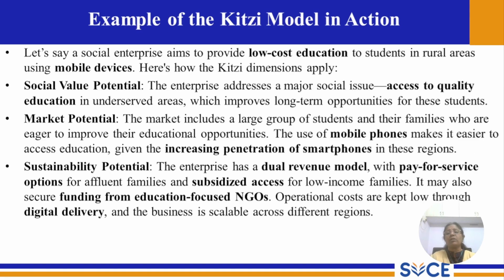Example of the KITSI model in action. Let's say a social enterprise aims to provide low-cost education to students in rural areas using mobile devices. Here's how the KITSI dimensions apply. Social value potential. The enterprise addresses a major social issue, that is, access to quality education in underserved areas, which improves long-term opportunities for these students.